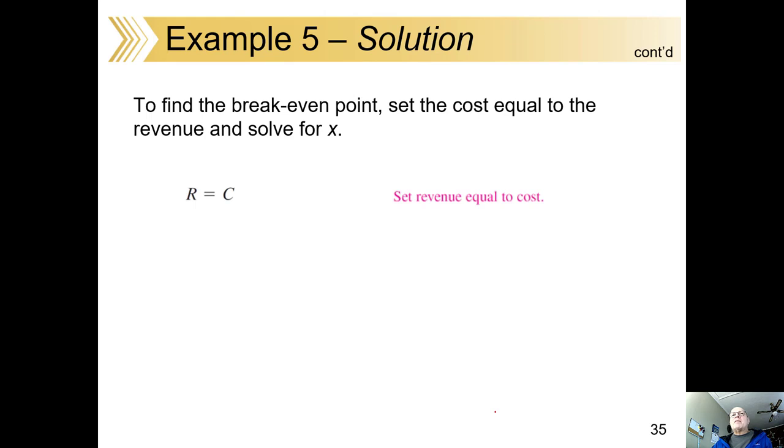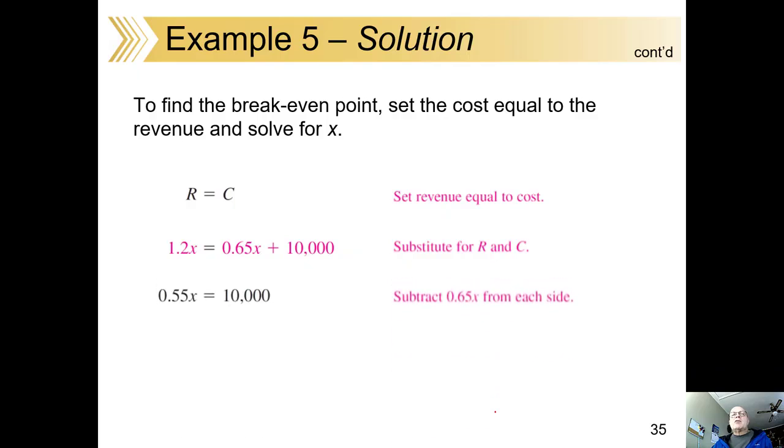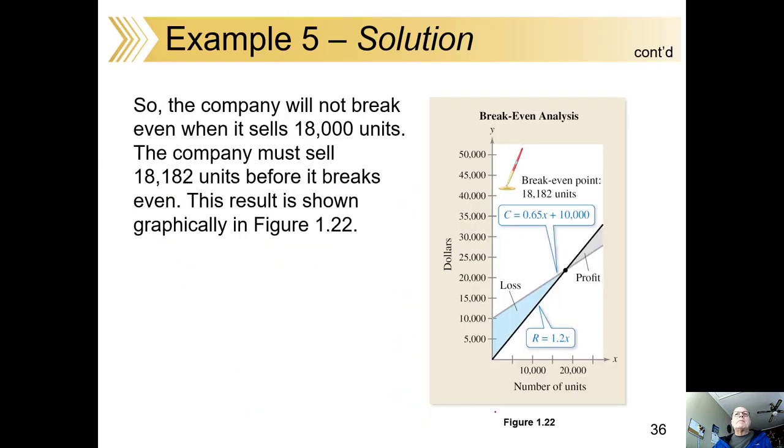So there's the break-even point. There's the equation we had, the revenue on the left, the total cost on the right. There's the equation we got when we simplified by subtracting 0.65x from both sides. There's what I just did to find out how many I needed. And that's what I had.